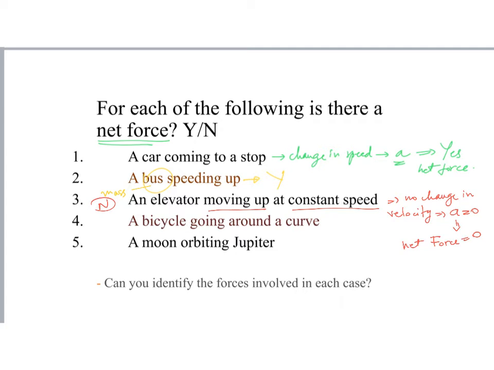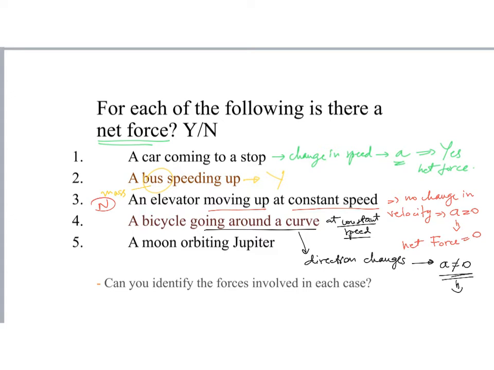All right, how about a bicycle going around the curve? And I should have added here at constant speed, just to make the situation even more challenging. So going around the curve, that means direction changes. So even if it's going at constant speed, you are going to have a change in velocity, so the acceleration is there.